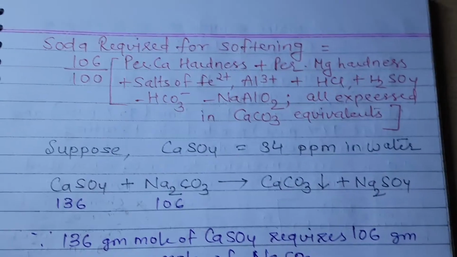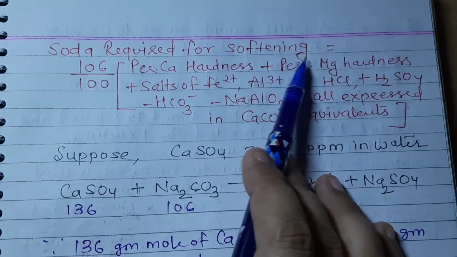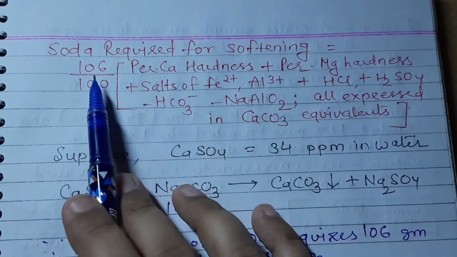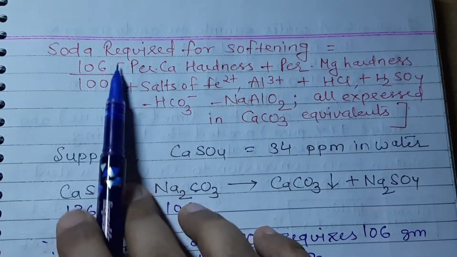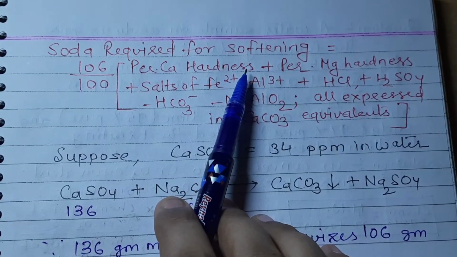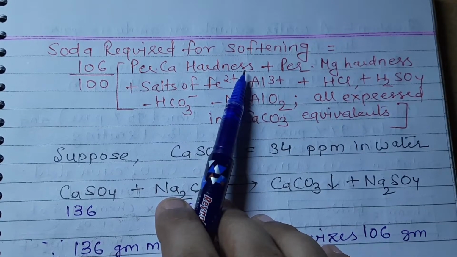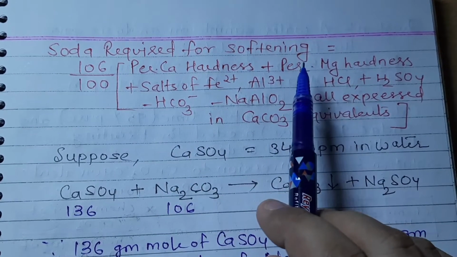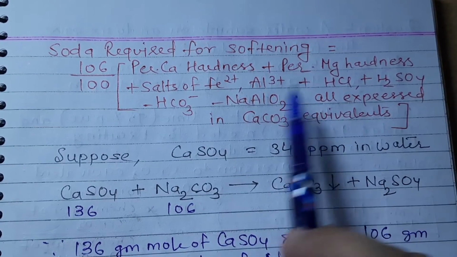Similarly, we can derive a formula for the calculation of soda requirement for the softening. So here you can see the expression is 106 upon 100 into permanent calcium hardness. If you remember, I have told you that temporary calcium hardness is not included in the soda requirement, and that is because temporary calcium hardness never reacts with the soda.